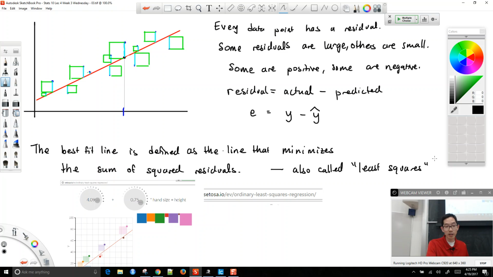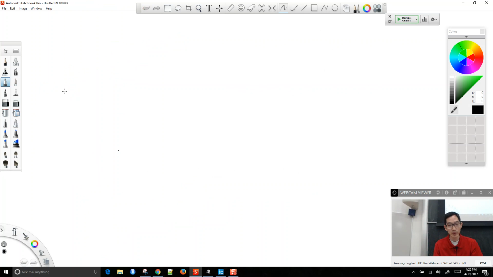It turns out that for any data set with a linear relationship, the least squares line will always have these properties. They have been derived using calculus, and we can just reap the benefits. We don't have to learn where these things were derived from.